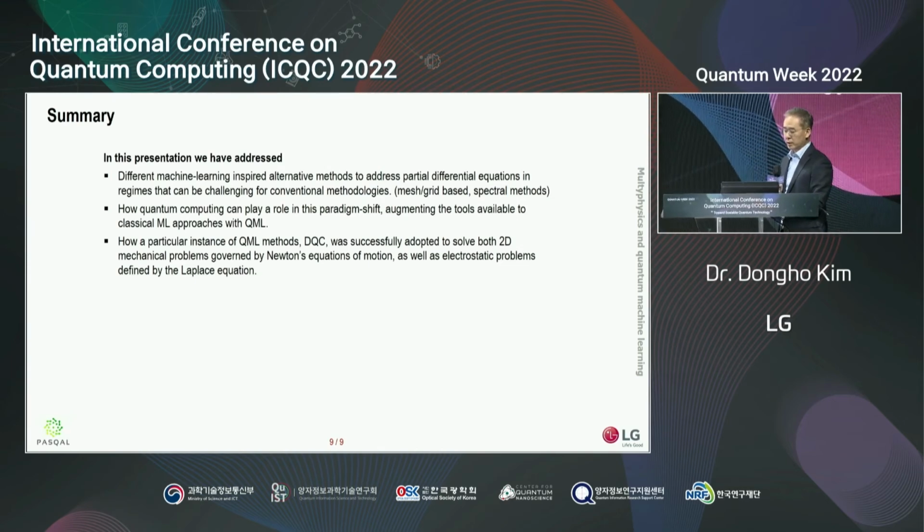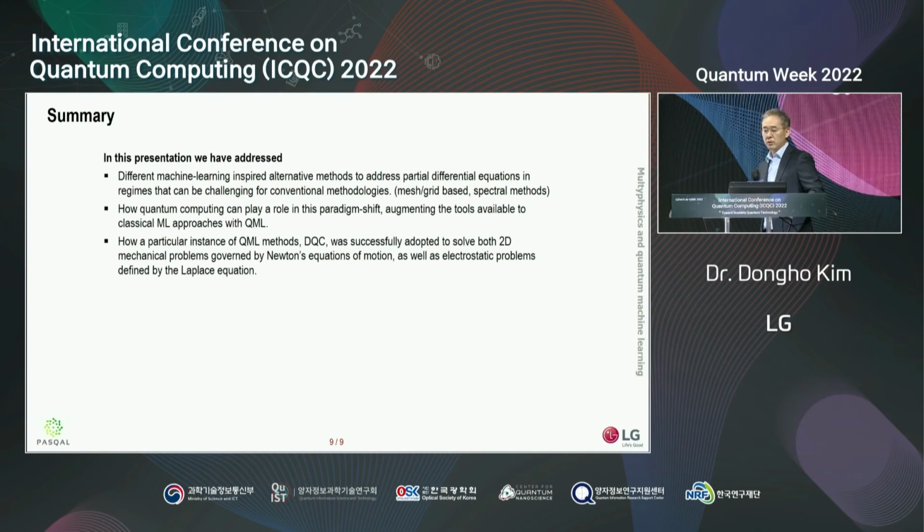The good thing is that the DQC has its own state preparation, and the PINN doesn't require big data. That is a very good aspect for adopting the PINN and the DQC for our differential equation solver problem.